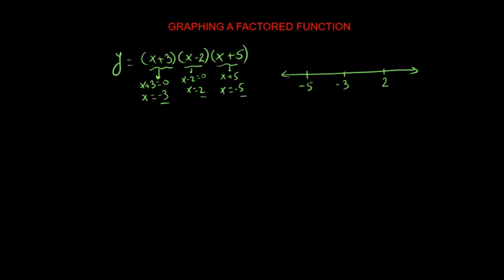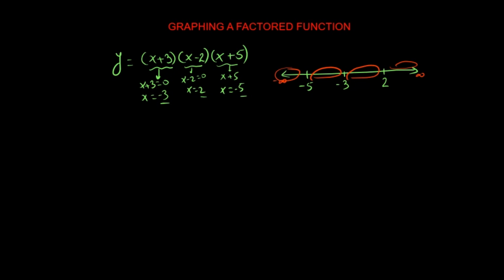The first segment is here, before minus 5, and it goes all the way to minus infinity. So this is the first segment. The second segment is between minus 5 and minus 3. The third is between minus 3 and 2. And the fourth is from 2 all the way to plus infinity.